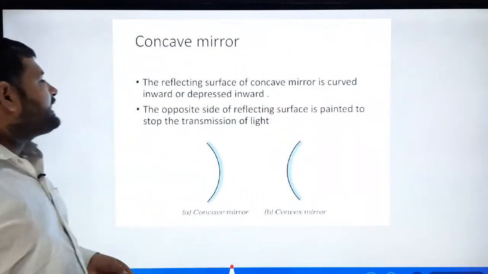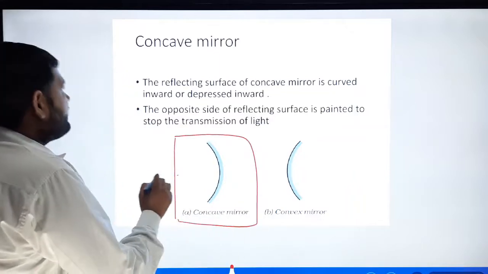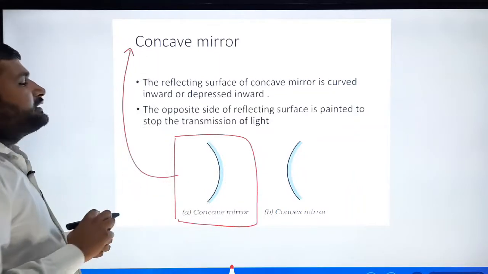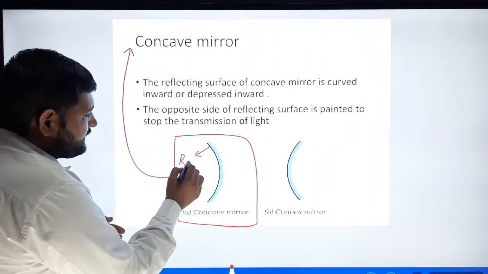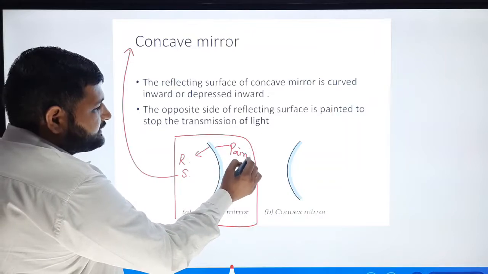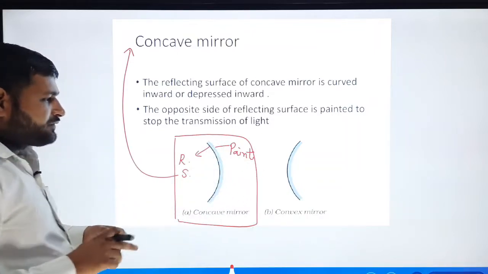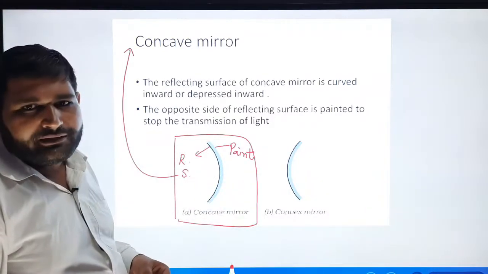First one is concave mirror. The diagram that you are seeing here belongs to a concave mirror. In this, the black surface is the reflecting surface and the grey surface is the painted surface. And you very well know the purpose of the reflecting surface and the painted surface.